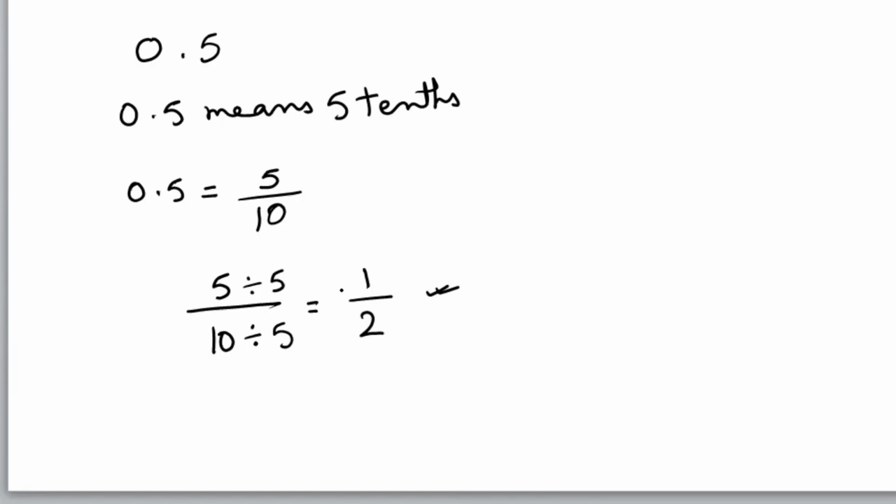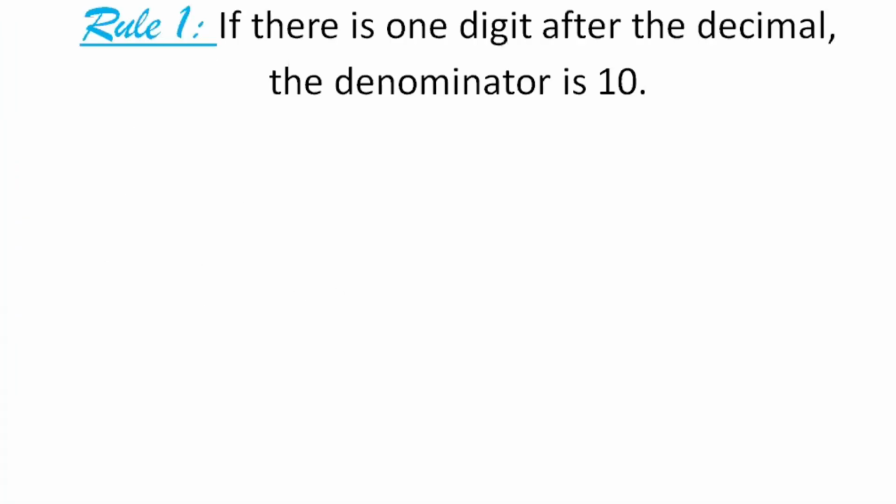Okay. Now let's see what the rule says. The first rule is: if there is one digit after the decimal, the denominator is 10. It says if after the decimal there is only one digit, then the denominator will be 10.